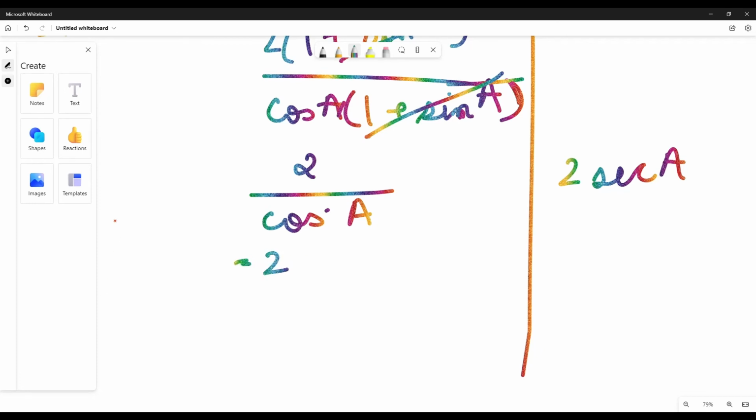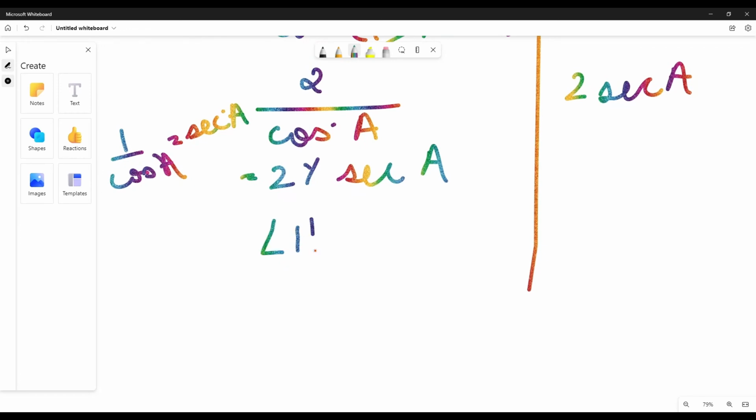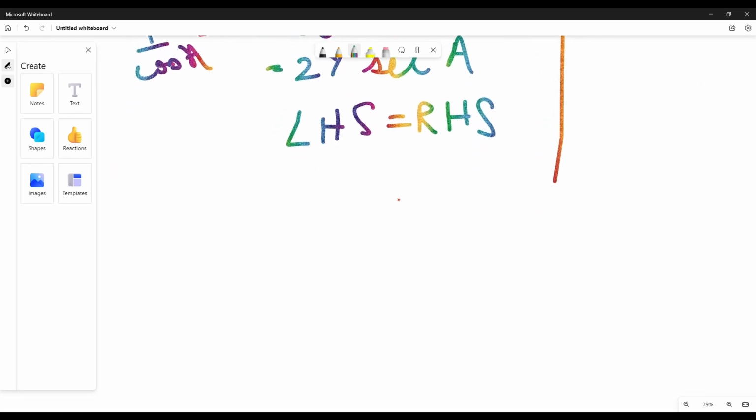We know 1 upon cos A is equal to secant A, so 2 multiplied by secant A. Therefore LHS is equal to RHS, right? Therefore, or basically just write, hence proved.